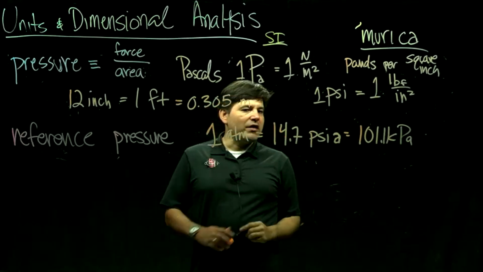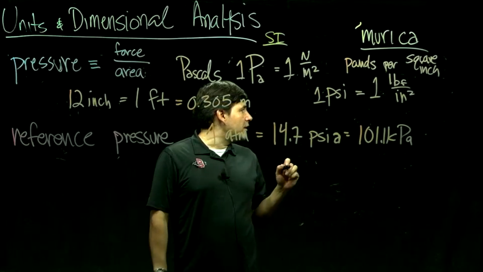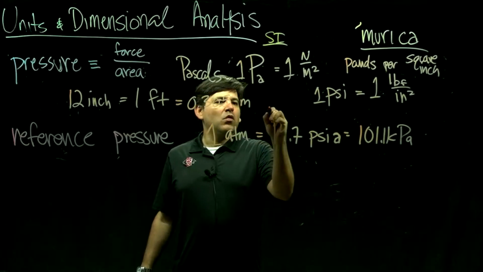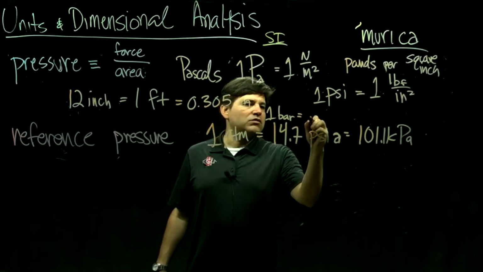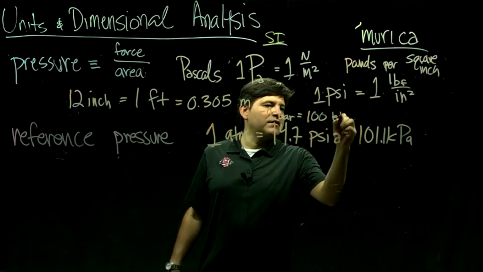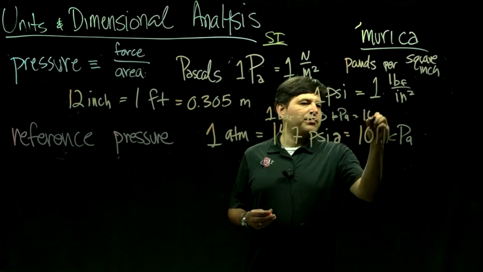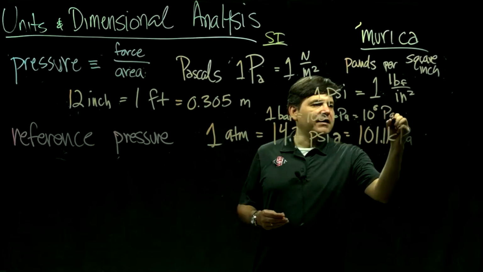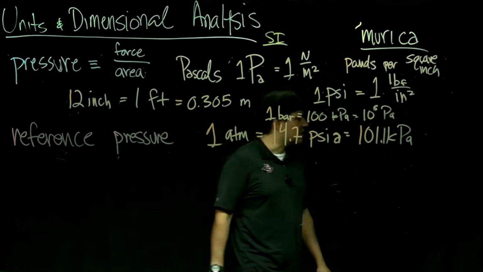So another SI unit, which is more clean, I'll put it right here, 1 bar equals 100 kPa. Or in terms of just Pa, it's 10 to the 5 Pa. 1 bar. That's a nice reference because it's cleaner.